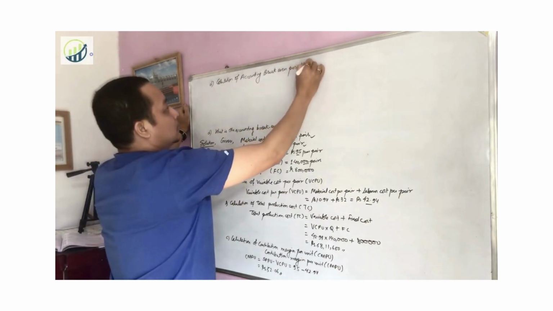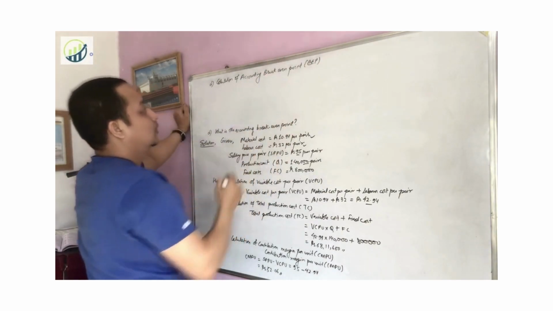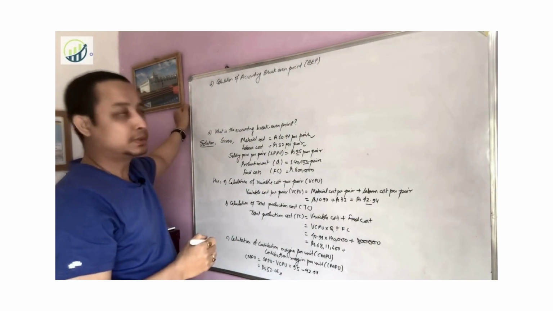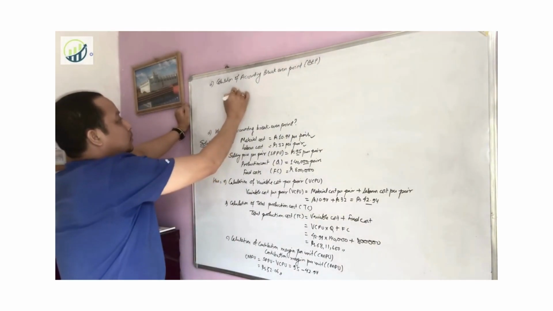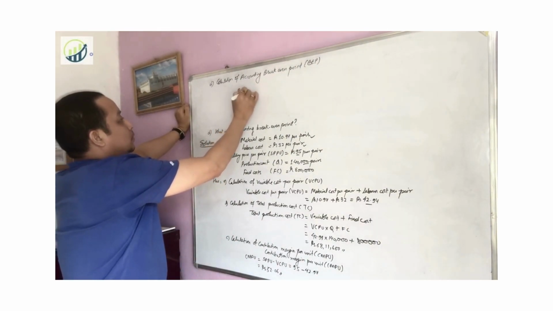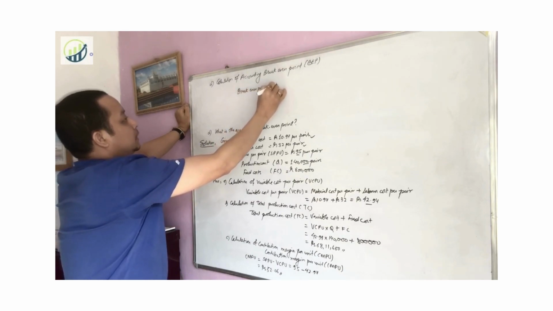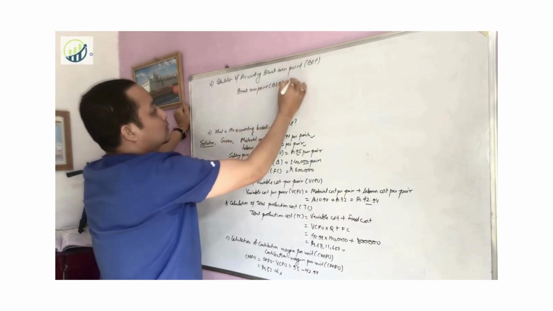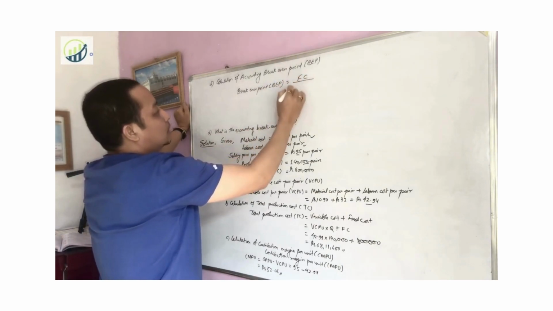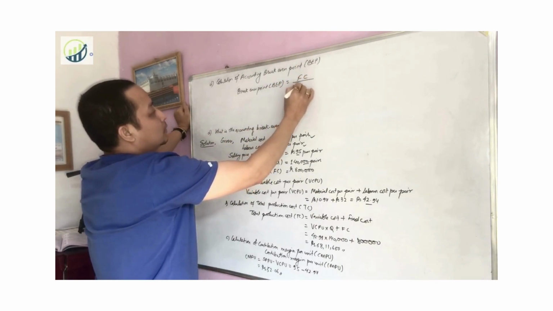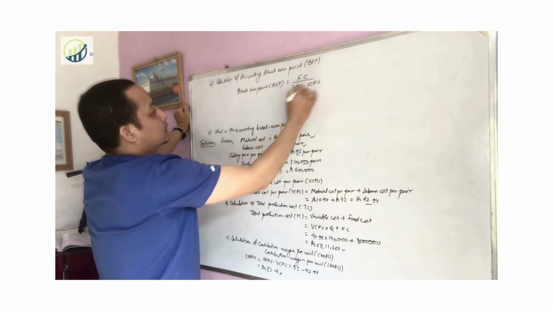BEP, accounting break-even point, operating break-even point, it means the same thing here. So now break-even point equals fixed cost upon selling price per unit minus variable cost per unit.